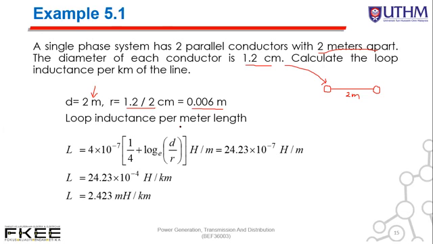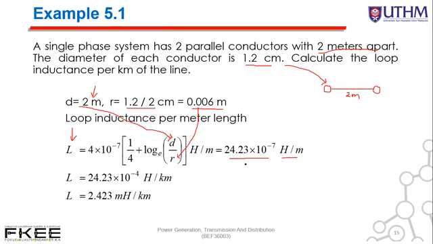Now the loop inductance per meter length is L equal to 4 times 10 to the power of minus 7 times (1/4 + log_e(d/r)) Henry per meter. We use the value d in meters, and r is 0.06 meter. So we get 24.23 times 10 to the power of minus 7 Henry per meter.